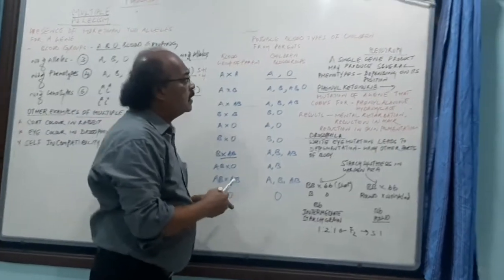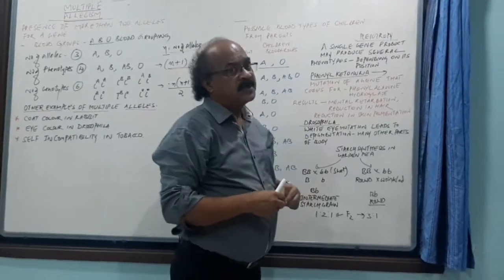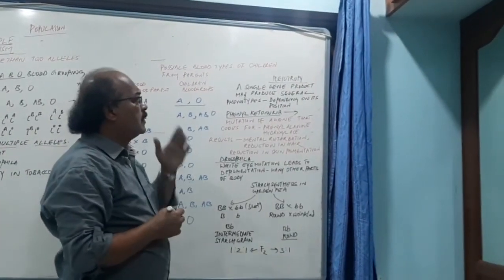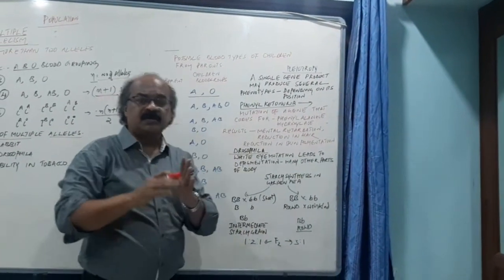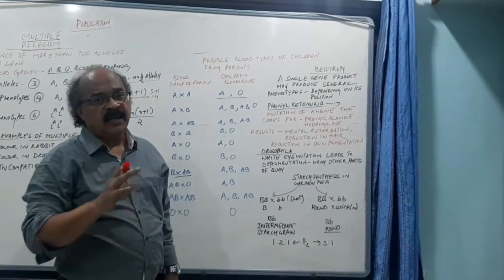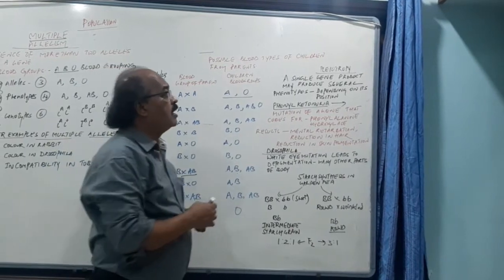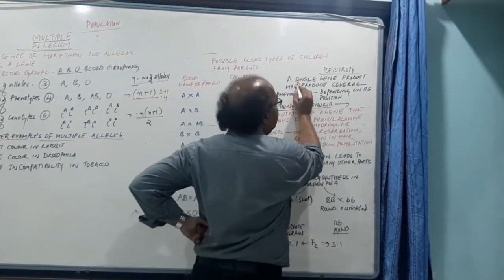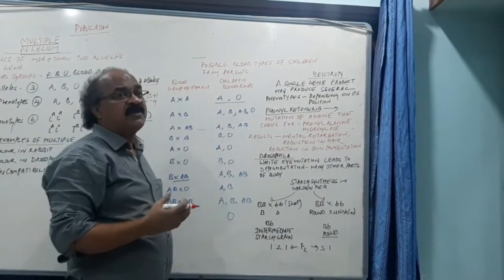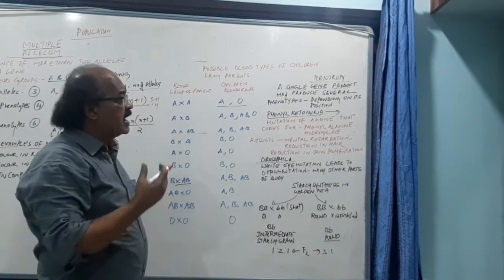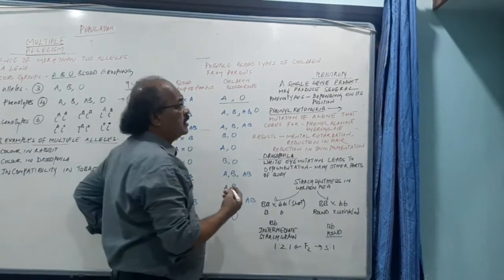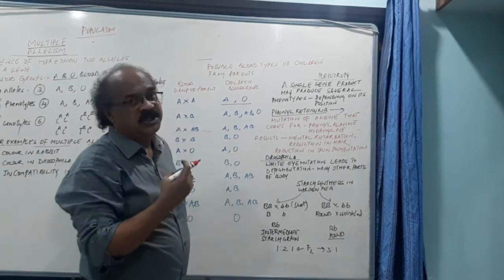Next, pleiotropism. Generally, one gene controls one phenotypic character, but a single gene product, if it is controlling several phenotypes, a single gene product may produce several phenotypes depending upon its position.